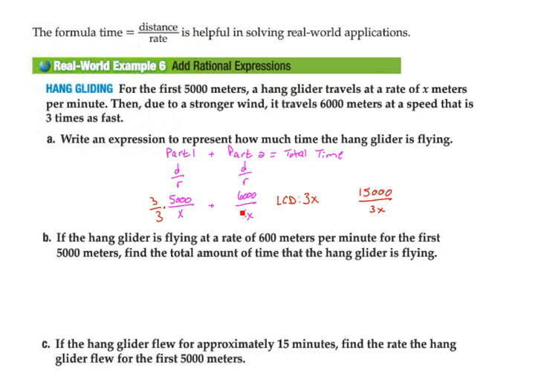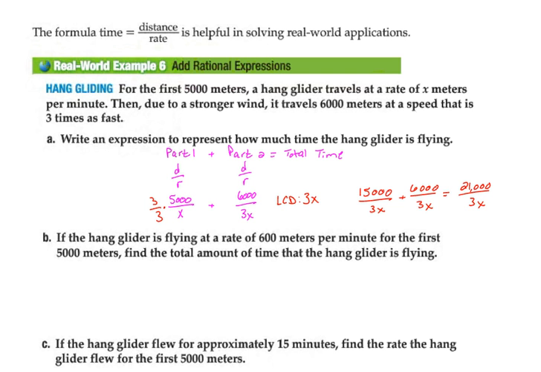We don't have to touch that second term because it already has the least common denominator. Now that we do have our least common denominators, we can add our 15,000 and our 6,000 together and end up with 21,000 all over 3x.